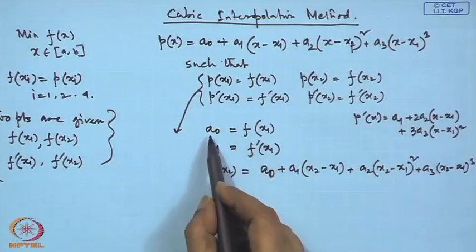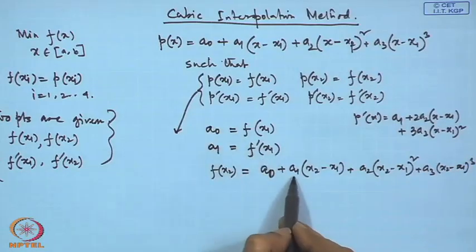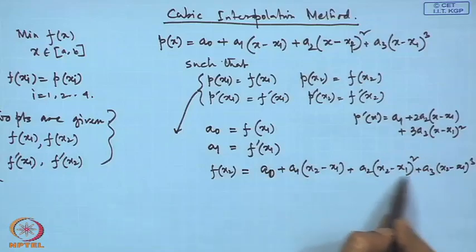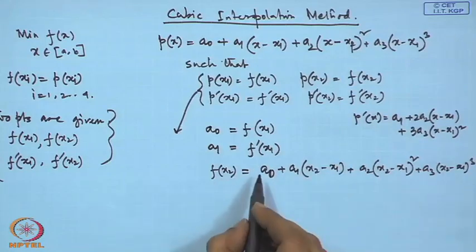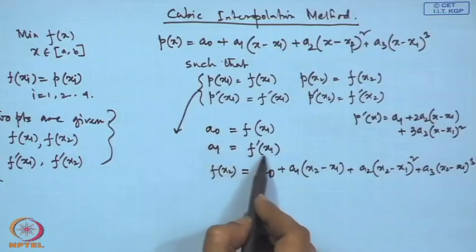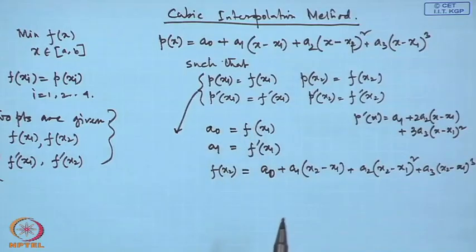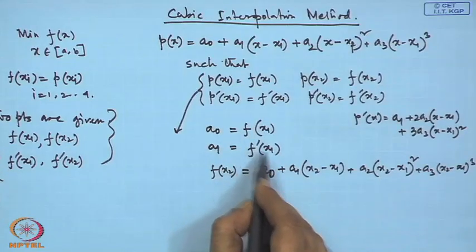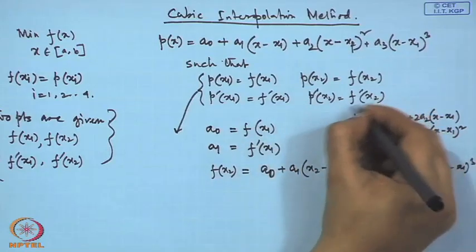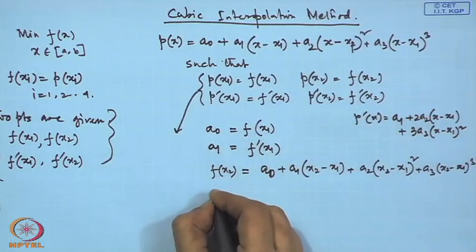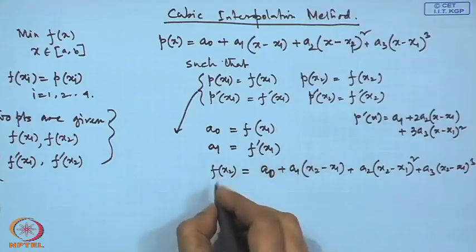Here we know the value for A0 and A1, so this will be an equation with only 2 unknowns, A2 and A3, because x1, x2, F(x2) are given. A0 and A1 can be calculated very easily from the functional value and derivative value at x1. And from the other condition, P prime x2 equal to F prime x2, we will get this value.